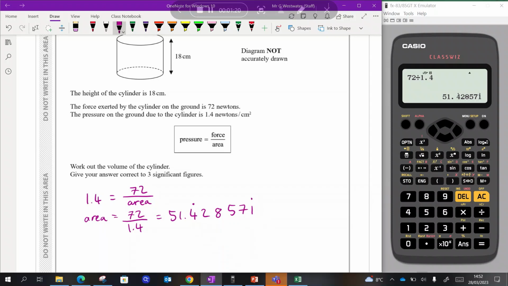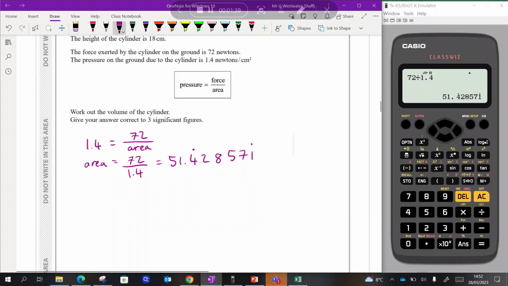Now from this point, actually, I don't really need to do much more. So this is the area down here. Now to work out the volume of the cylinder, we just take the cross section, which is that area already, and multiply through by the height.